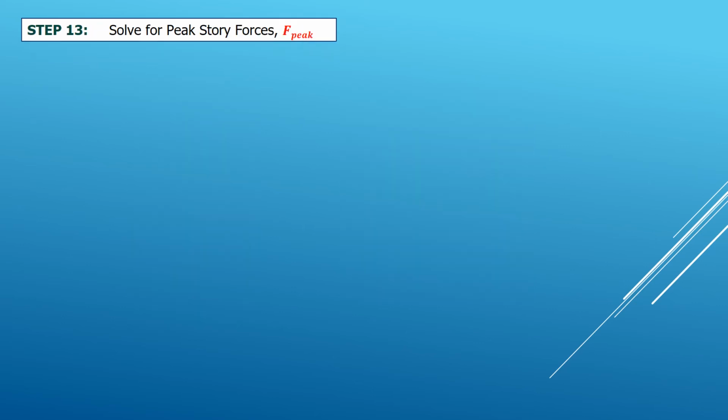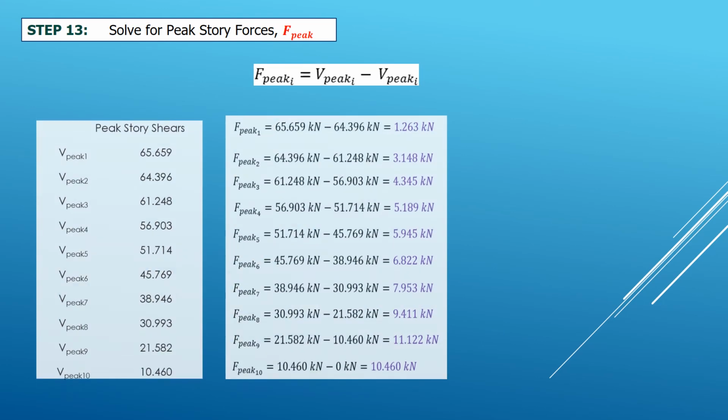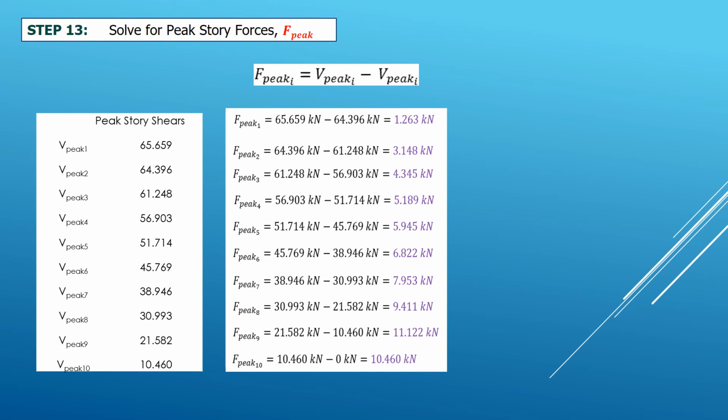For step 13, solve for peak story forces F peak. To solve for peak story forces, you need to subtract V peak i sa V peak i plus 1. For example, si V peak 1 minus V peak 2. And then, si V peak 2 minus V peak 3.